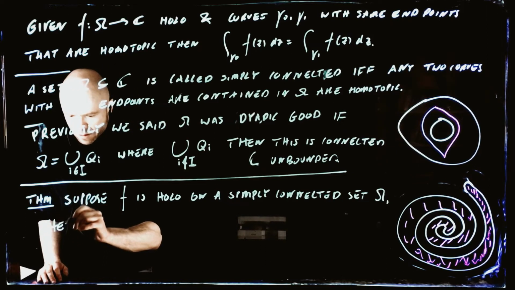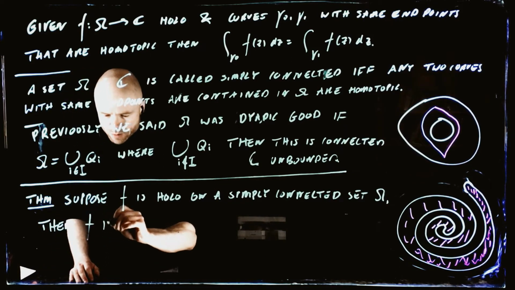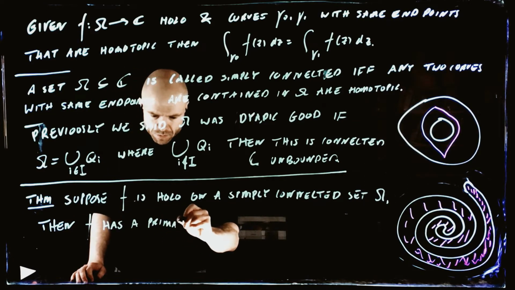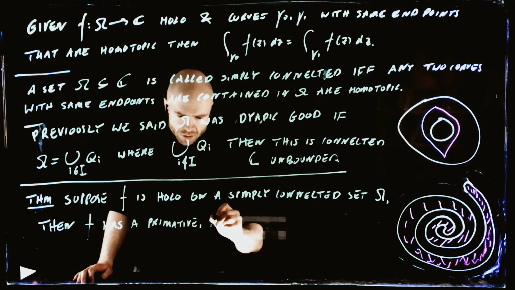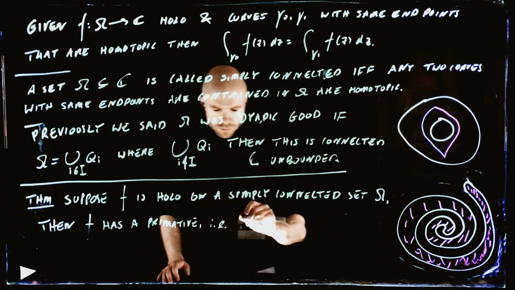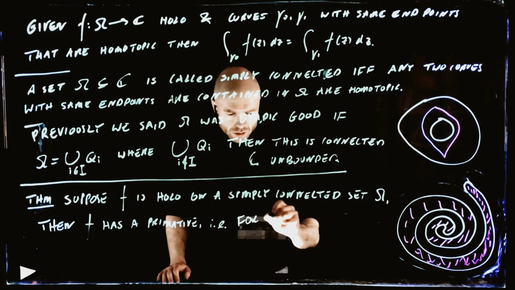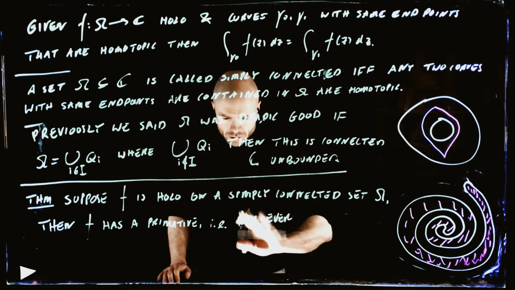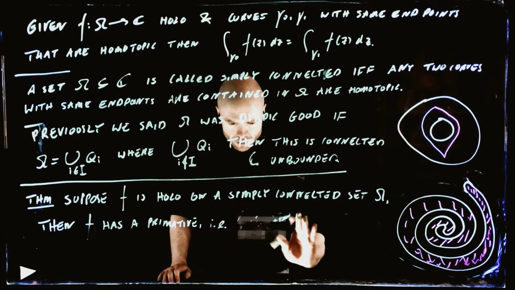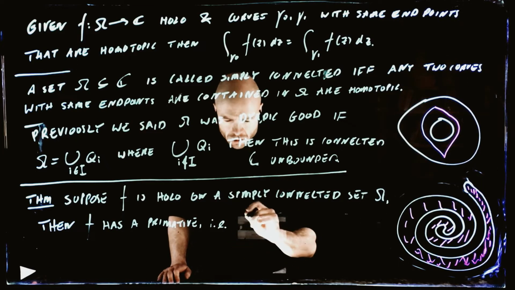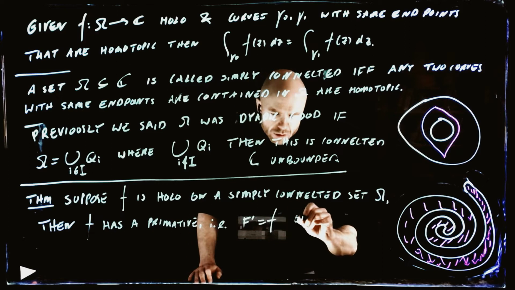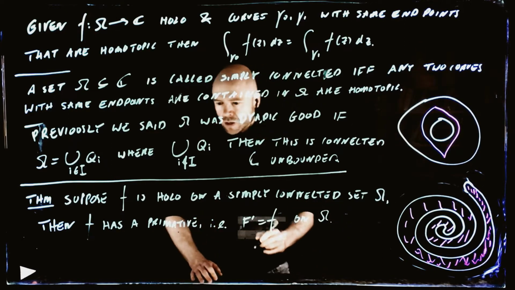Then f has a primitive, i.e. there is a capital F such that F prime is equal to f on omega.